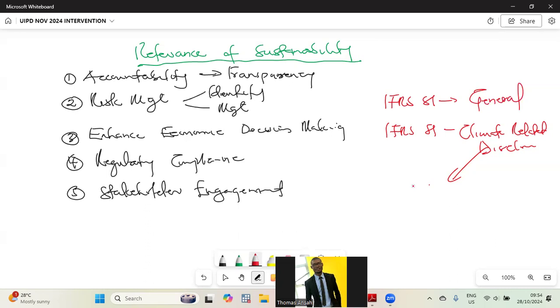But any idea, when we say climate, what does climate mean? You know, IFRS S1 involves ESG, your employees and all those things. But this one is solely on climate. So what is climate?